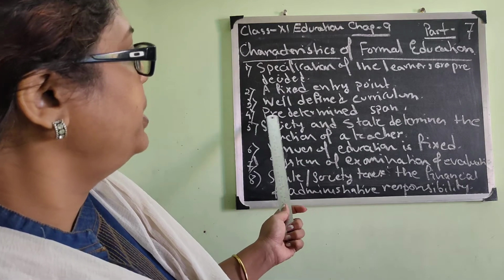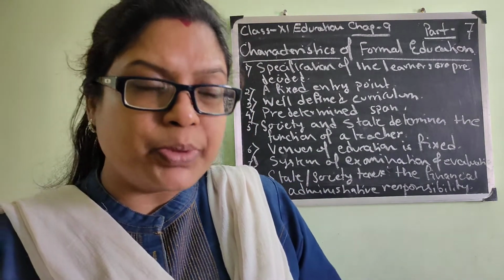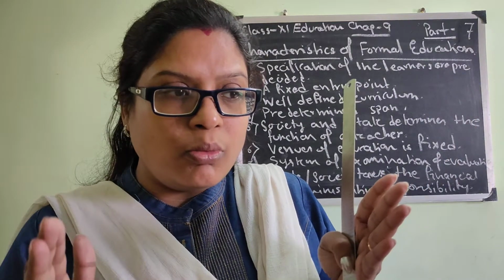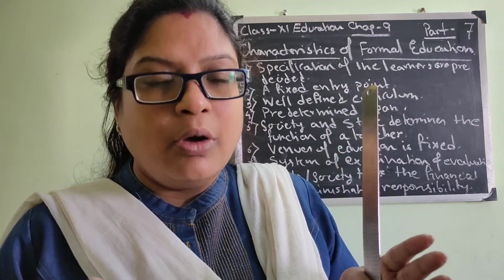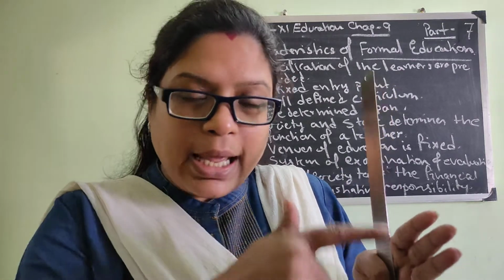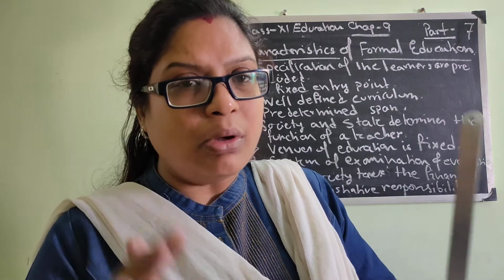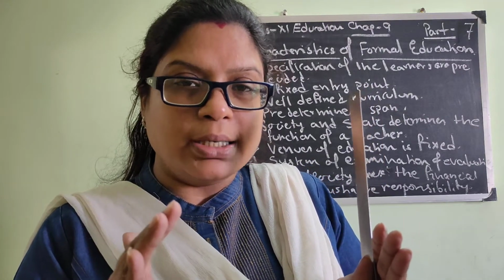Next, predetermined span. Now, what is the meaning of span? Span means from one point to the other point. When a pendulum used to rotate like this, the length which it covered, we used to call it a span. So that is a fixed one, isn't it?